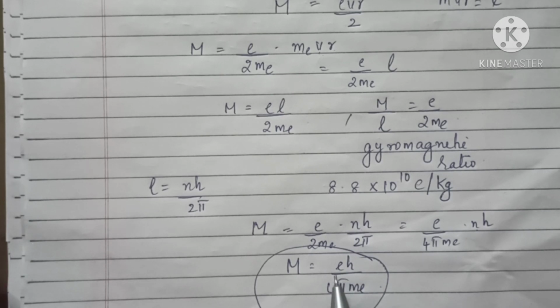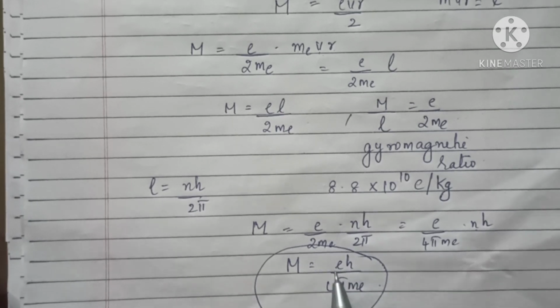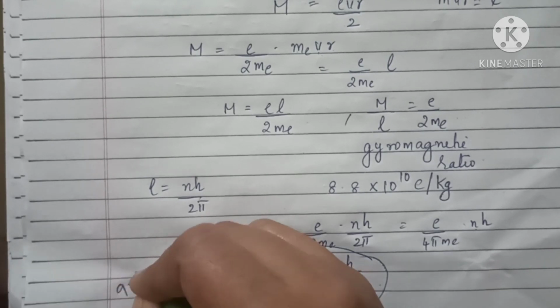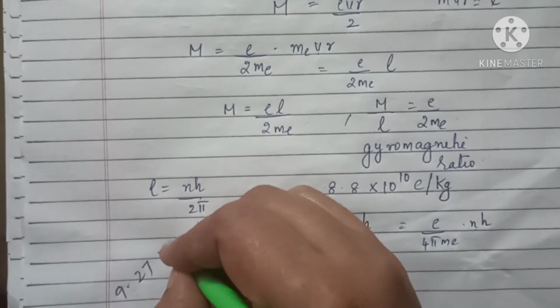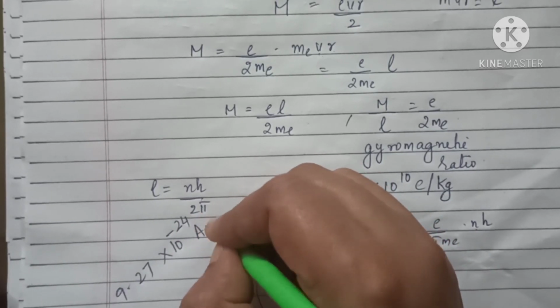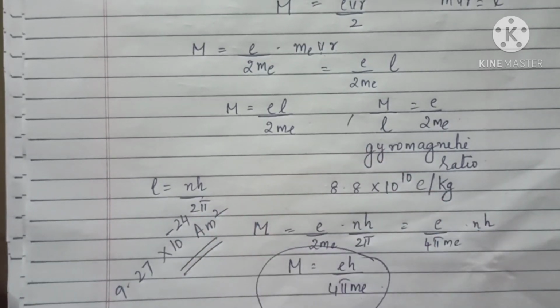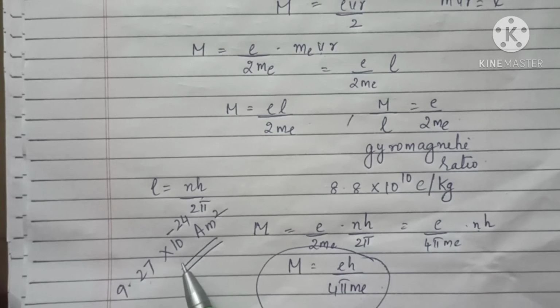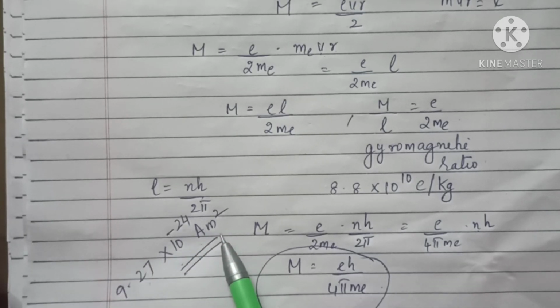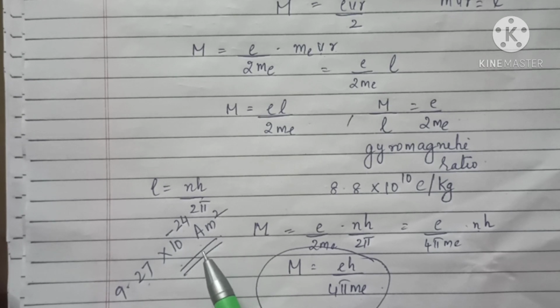If you substitute the values for e, h, and me, all are constants, this value is 9.27 into 10 raised to minus 24 ampere meter square. Clear? This is the value for Bohr's magneton.